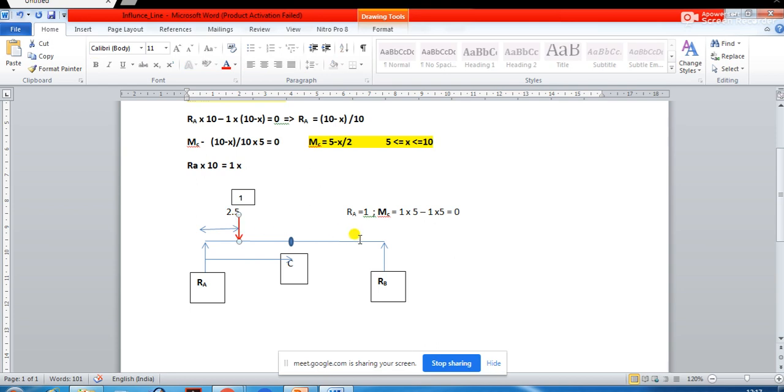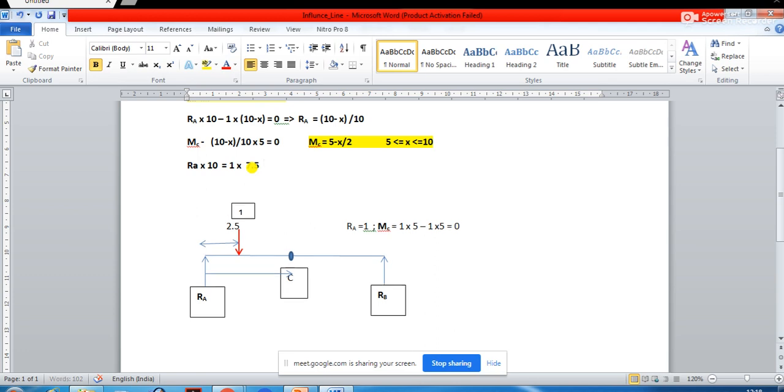Distance from here to here. What is this distance? Tell me. Not 0.75, it is 7.5. Yes, 7.5.